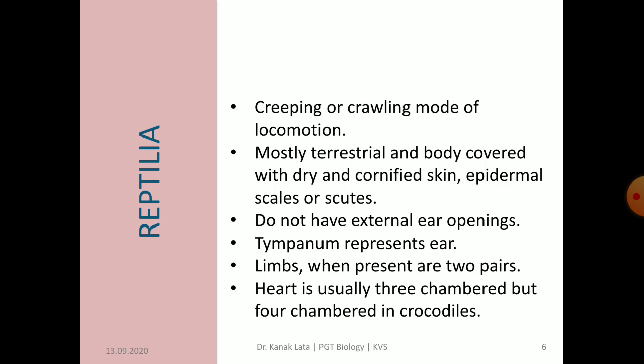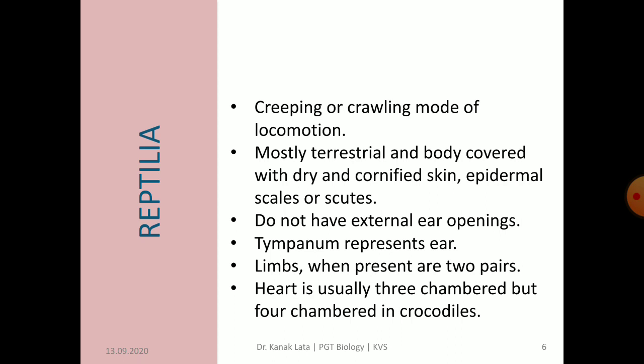Now let us discuss Reptilia. The reptiles were the first vertebrates fully adapted for life on dry land, though some live in water also, but they too return to the land for breeding. They show creeping and crawling mode of locomotion.